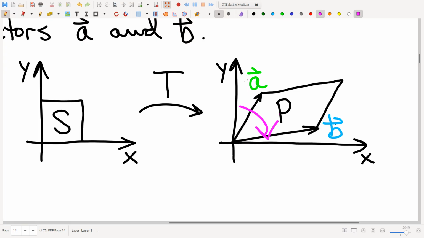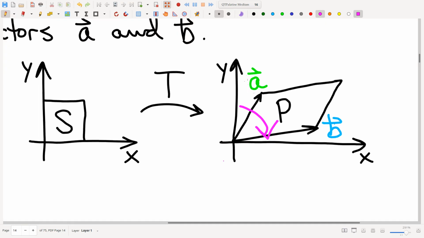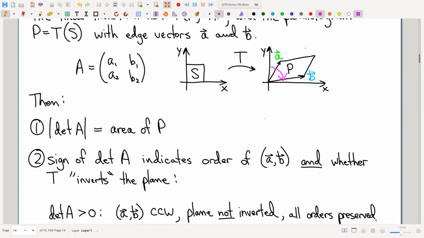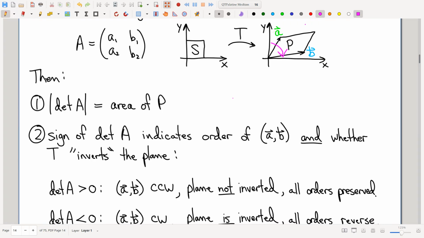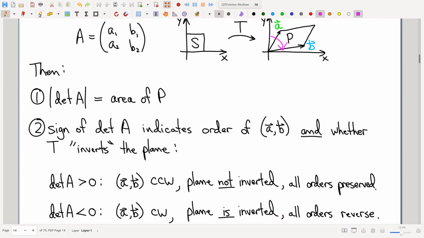Corresponding to clockwise. And I want to come back here and notice that's a picture then of this second case down here. That's a picture of if the determinant were negative, the list being clockwise, as indicated now in that picture.